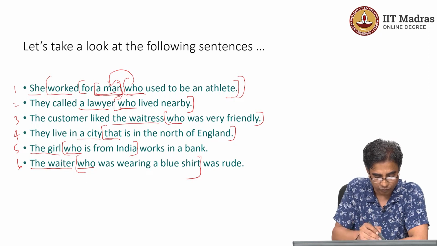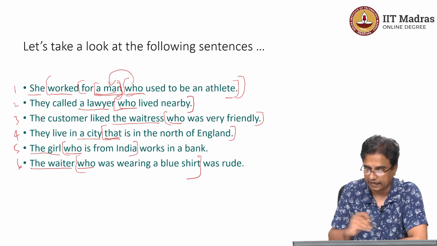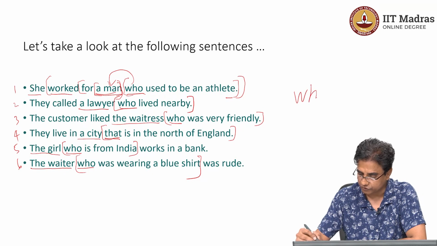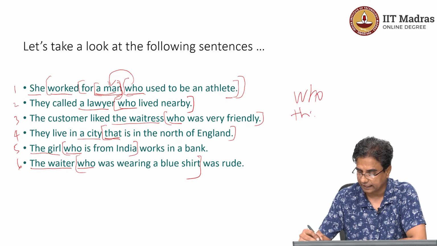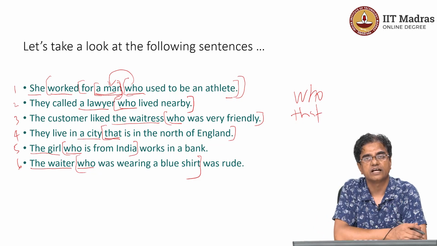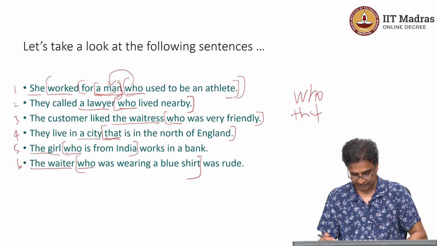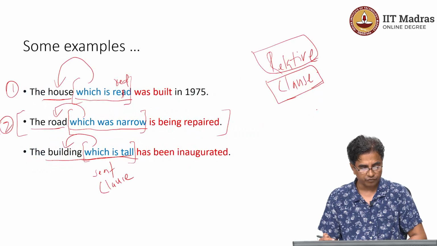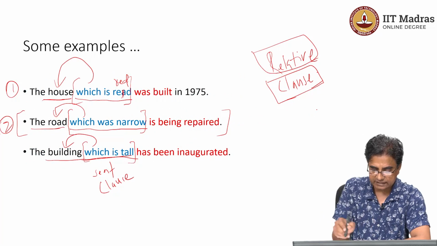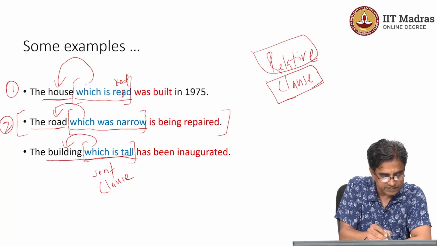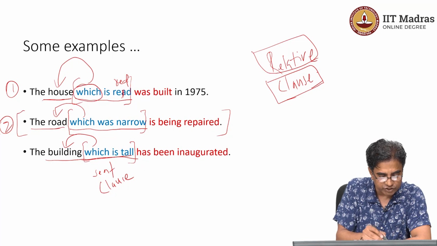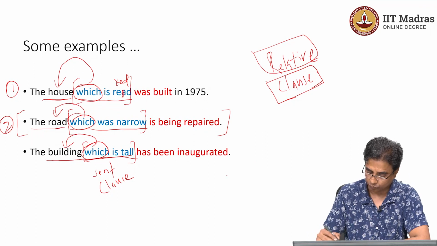And we find one example where it says that. So, we see 2 things, who and that. Relative clauses are beginning with these terms. If we look at these 3 examples, we see relative clauses have which, all 3 of them, it's which.